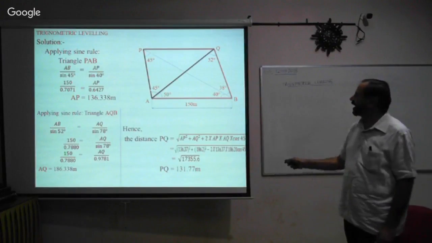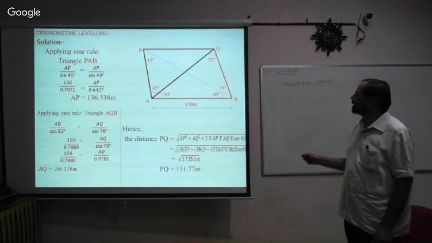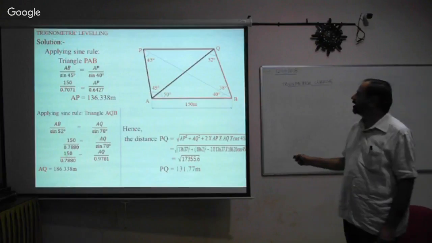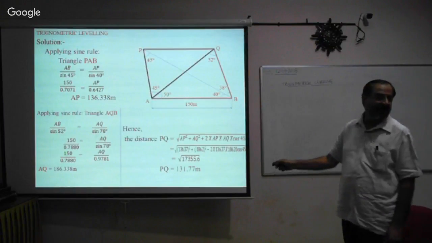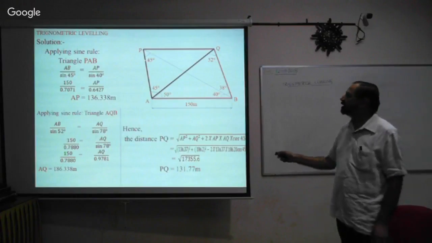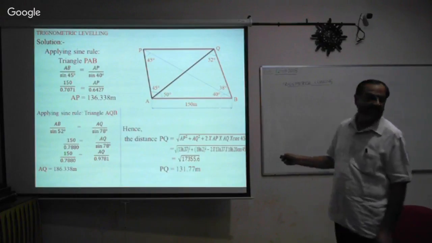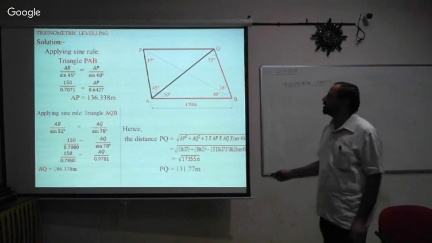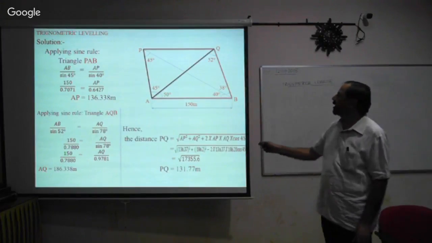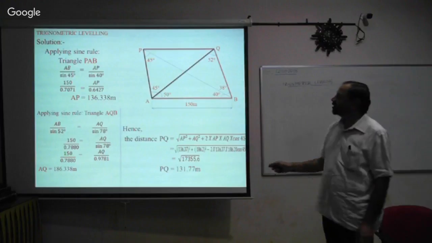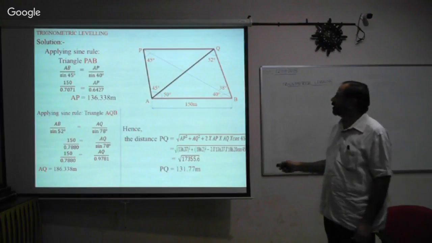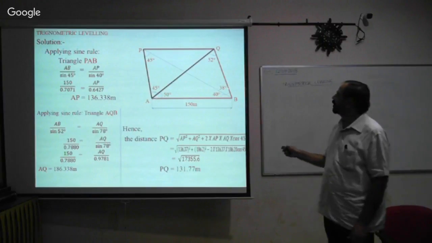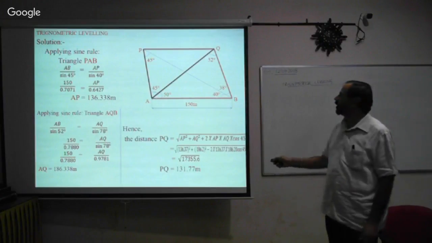If you consider this triangle, AP divided by sine of opposite angle is equal to AB divided by sine of opposite angle. Isn't that? So therefore, we solve this, we will get AP. AP is calculated. And similarly, applying the sine rule for triangle AQB, apply the sine rule for this triangle.